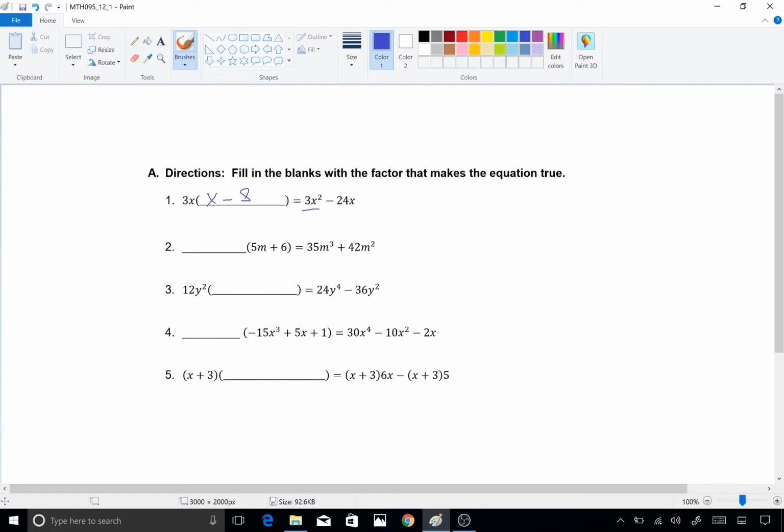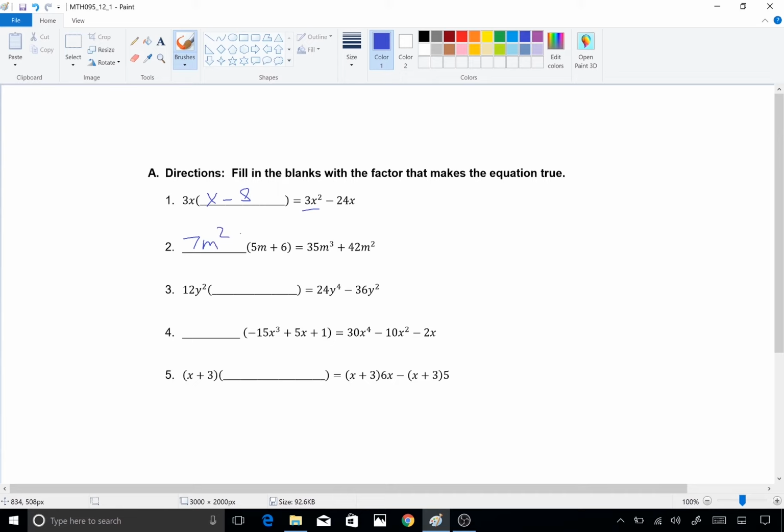Now I want to multiply something by 5m plus 6 in order to get 35m cubed plus 42m squared. 35 divided by 5 is 7, and I need to turn this m into an m cubed. So what if I multiply by 7m squared?